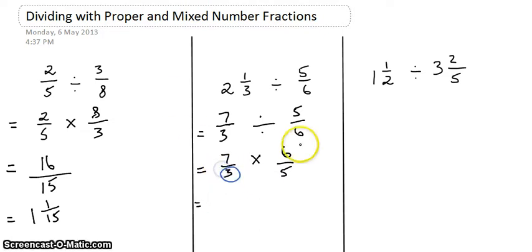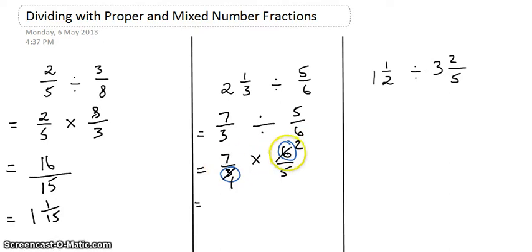Our 3 and our 6 have common factors. Remember, you only look for the common ones on top and bottom. They have a common factor of 3. 3 divided by 3 is 1, and 6 divided by 3 is 2. So 3 goes into these numbers easily. 3 goes into 3 once, cross that out, make it 1, and 3 goes into 6 twice.